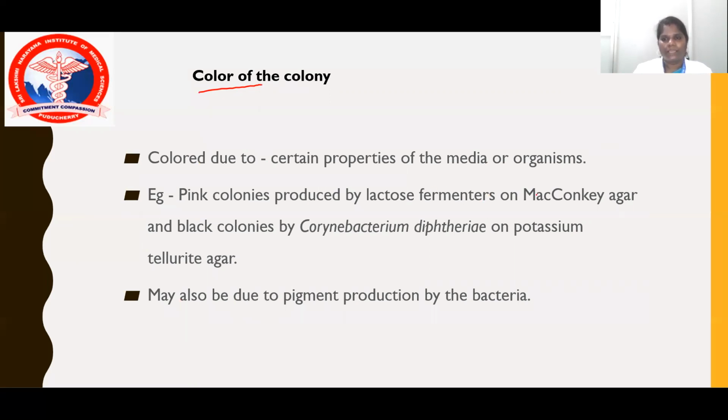For example, MacConkey agar divides the colonies into two groups, lactose fermenting colonies or non-lactose fermenting colonies. Lactose fermenters will be pink in color, and non-lactose fermenting colonies will be pale. Like that, potassium tellurite agar can also identify C. diphtheriae.